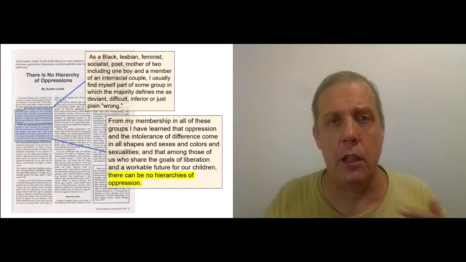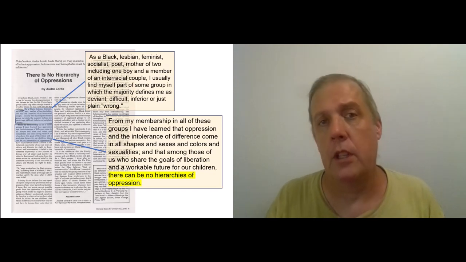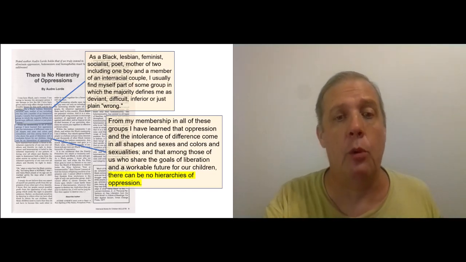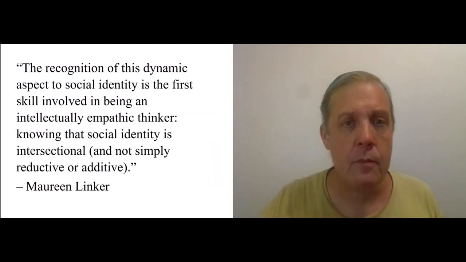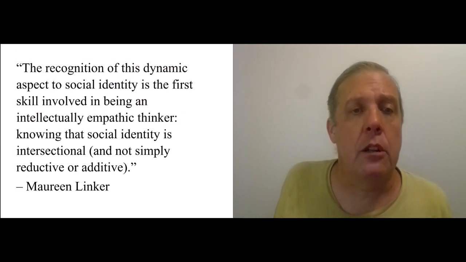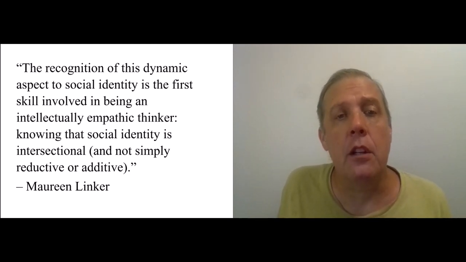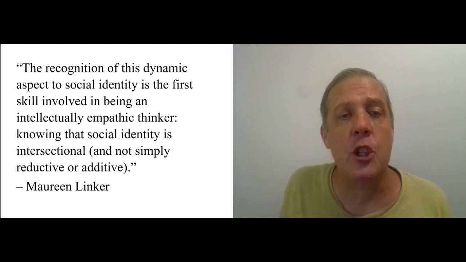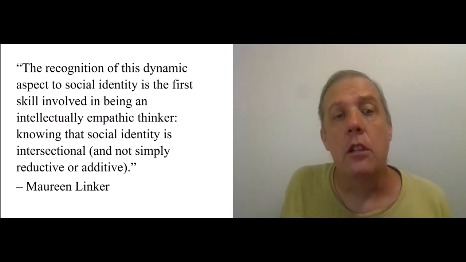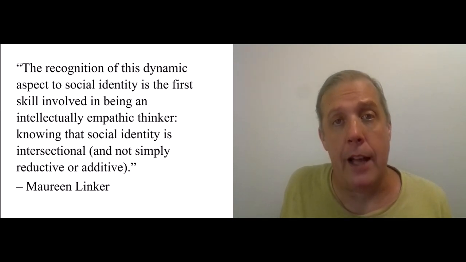Intersectionality: identities intersect in unexpected ways all the time. It can be additive, but it's not always. The recognition, this is Linker again, of this dynamic aspect of social identity is the first skill involved with being an intellectually empathetic thinker, knowing that social identity is intersectional and not simply reductive or additive.